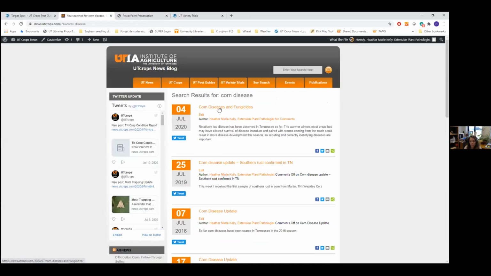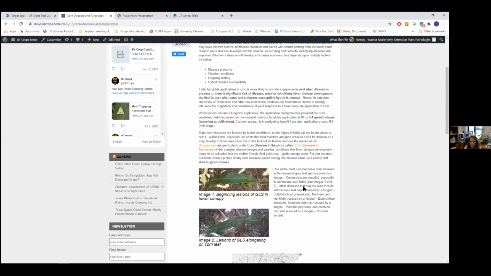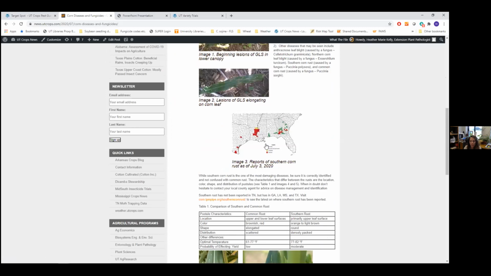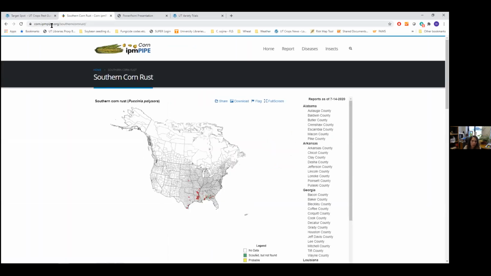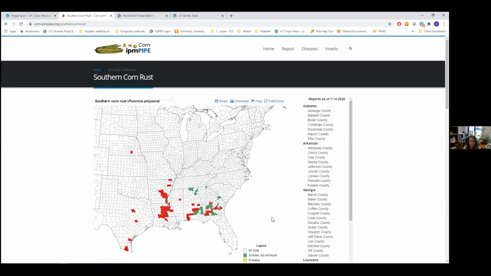On July 4th, I posted an article on corn diseases and fungicides, and talked about some different diseases. And here was a screenshot of our southern corn rust map. That's corn.ipmpipe.org, and if you go to that, then you would just click on corn and southern corn rust. And here, let me zoom into the map a little bit.